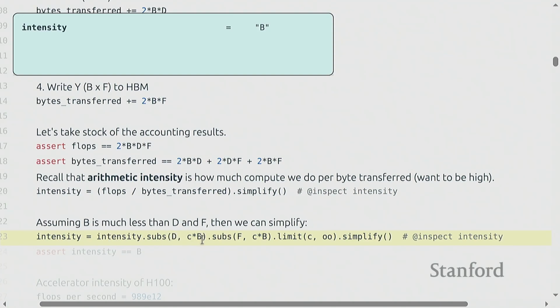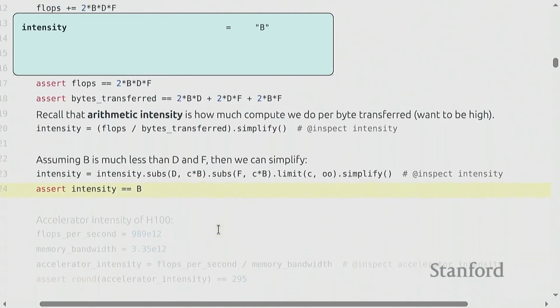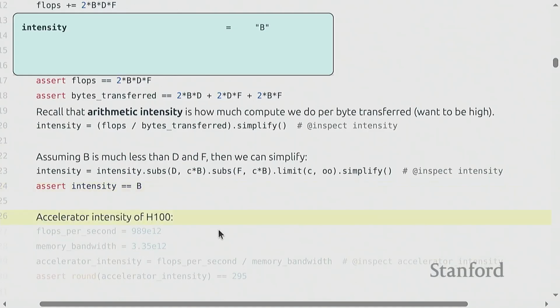So basically, I'm letting C go to infinity, and D scales as C times B, and F scales as C times B, and that gets you a simplified equation of B. Okay? So the arithmetic intensity is B for this particular matrix multiplication. The way to interpret this is how many FLOPs are done per byte that was transferred.